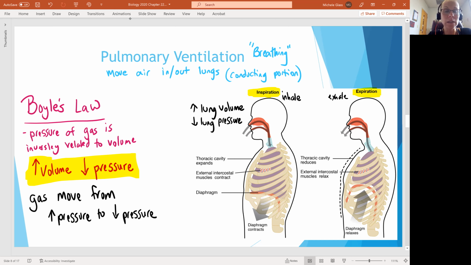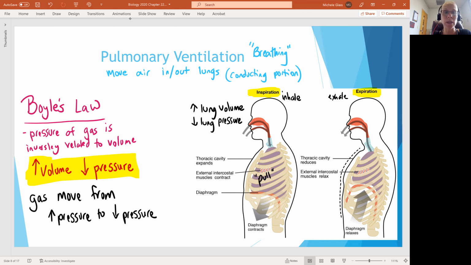And so what this means is the pressure inside your lung, the intrapulmonary pressure, is less than the atmospheric pressure. And so this creates like a "pull" to get the air in. So I'm going to write this word pull in quotation marks in the lung. So when we make our lung bigger, the pressure goes down, so air goes in.